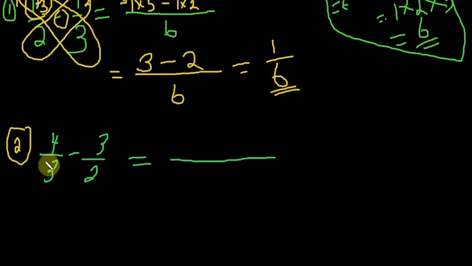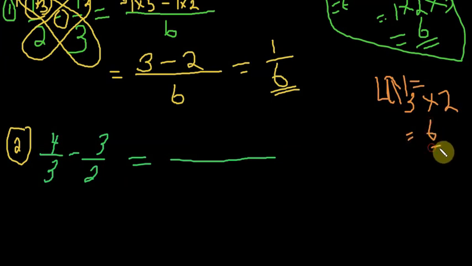So 3 and 2 are not divisible by one another, so we can just multiply them to get the lowest common multiple, the easiest way. We say 3 times 2 to get our LCM. That gives us 6 as our lowest common multiple.